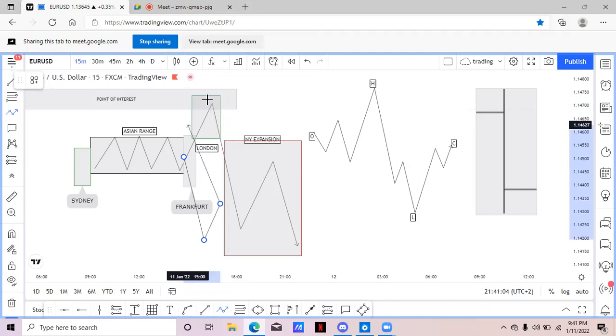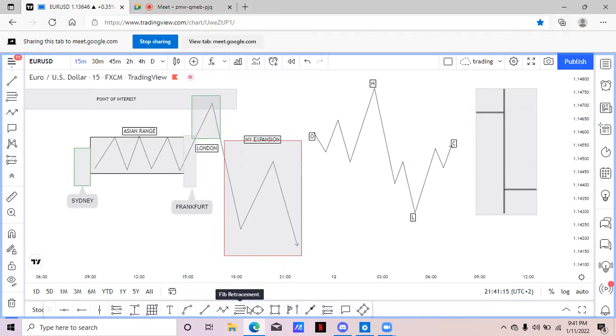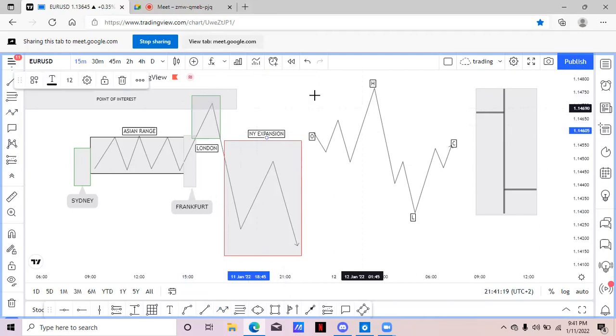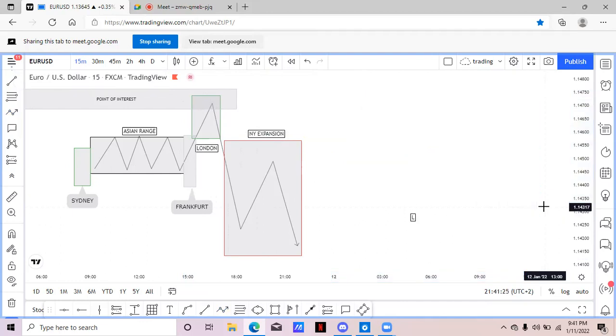However, the New York session gets to our point of interest and then declines. You get a point. But that is a topic for after a few minutes. Let me delete everything here so that I can make good examples for you guys.